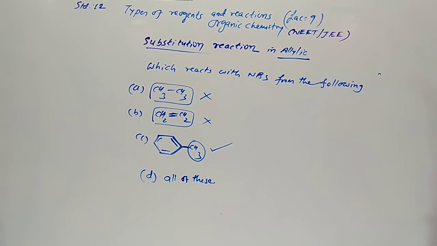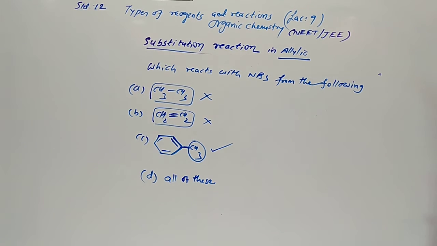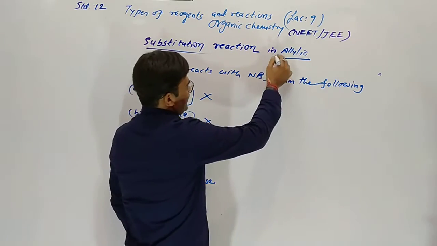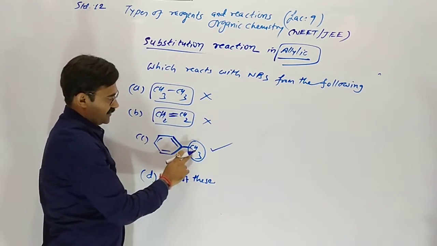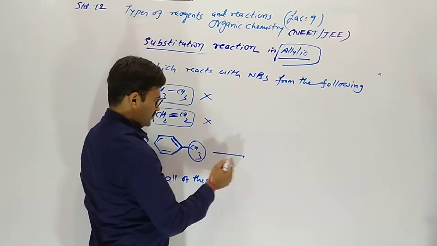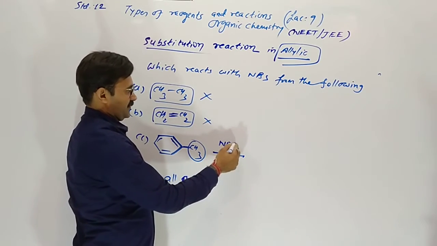So toluene gives a reaction with NBS. Our condition is that it should be allylic: double bond, single bond, then carbon. So it reacts with the NBS.